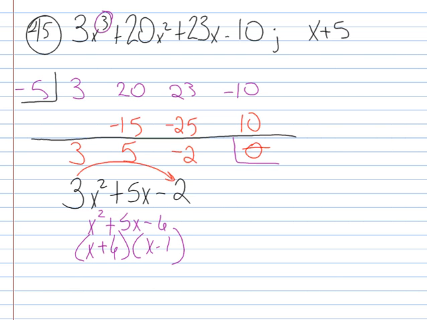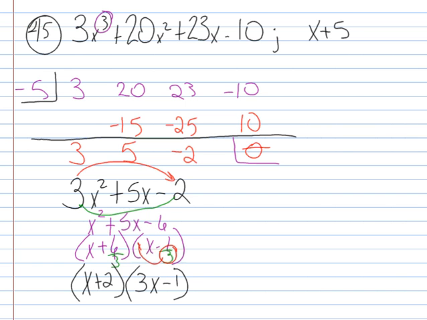Well, I moved my 3 to the right by multiplying, so I have to undo that and move it back this direction. So I have to divide both of these by 3. 6 divided by 3 leaves 2, so I have x plus 2. This one right here, the 3 moves in front of my x, so I now have 3x minus 1.